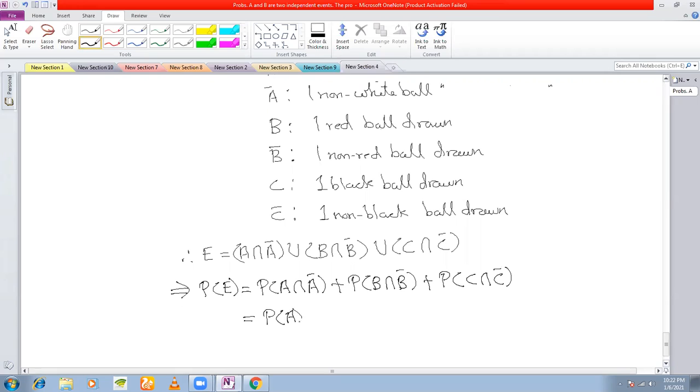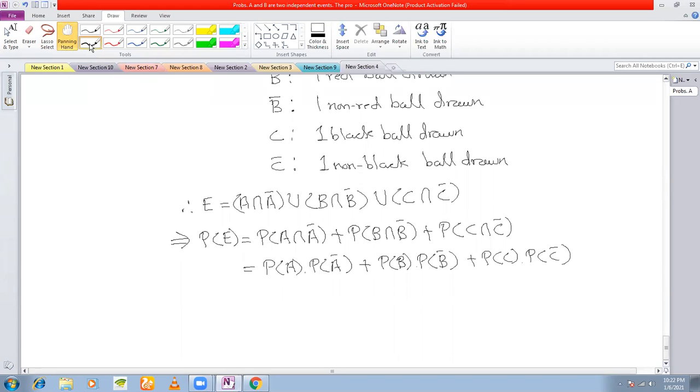So this can be written as P(A) into P(A bar), plus P(B) into P(B bar), plus P(C) into P(C bar), right? So now let us calculate the probabilities.